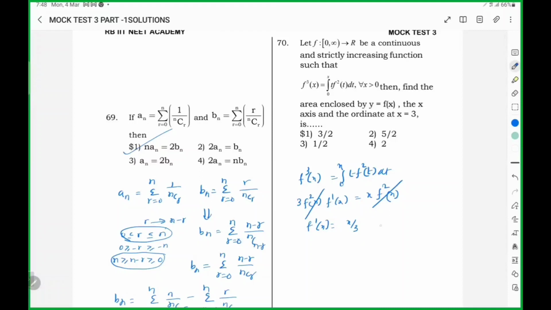What he's asking is the area enclosed by y equal to f of x, the x-axis, at x equal to 3. So the area will be half into x, which is 3, and when x is 3, y will be 3 by 3, which is 1. The answer is 3 by 2 square units.